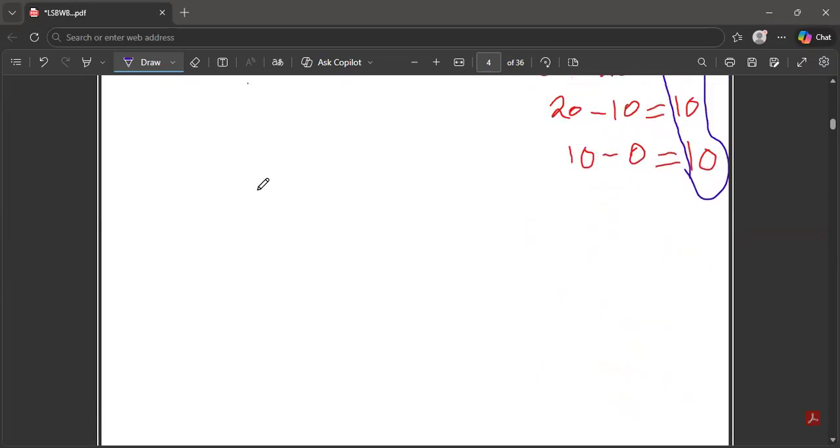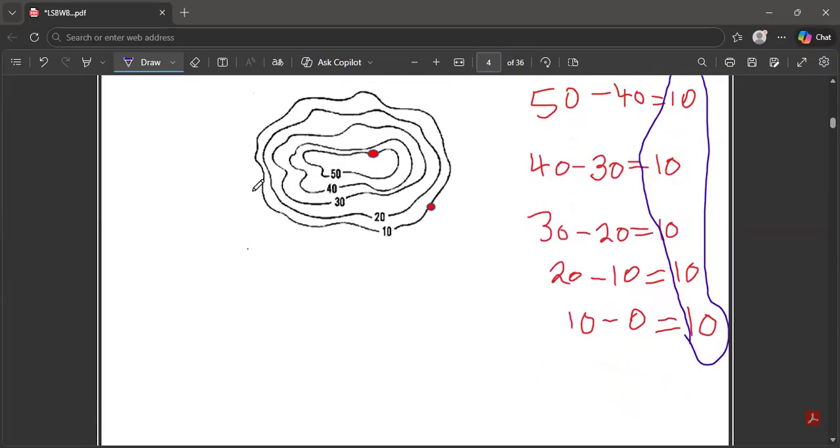The contour interval is defined as the difference between the numerical values of consecutive contours. This value is 10 meters, obtained by either 50 minus 40, 40 minus 30, or 30 minus 20, just as we have practiced over here.